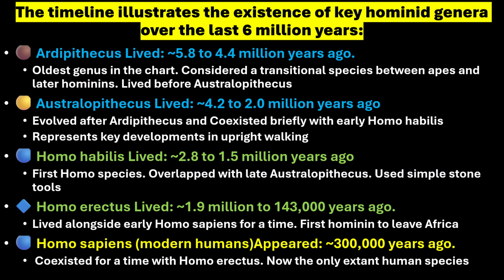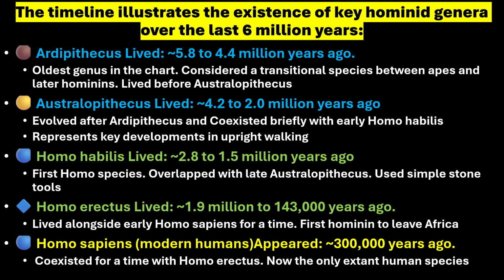For bipedalism, it started with Australopithecus. They started walking on two legs. Homo habilis lived 2.8 million to 1.5 million years ago. The first Homo species overlapped with late Australopithecus, used simple tools, and then we have Homo erectus existing around 1.9 million to 143,000 years ago, lived alongside early Homo species for a time, first hominin to leave Africa.